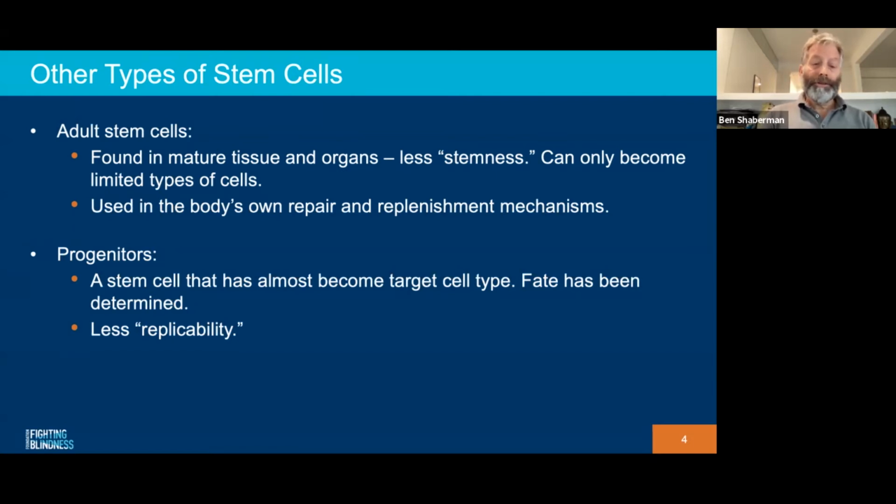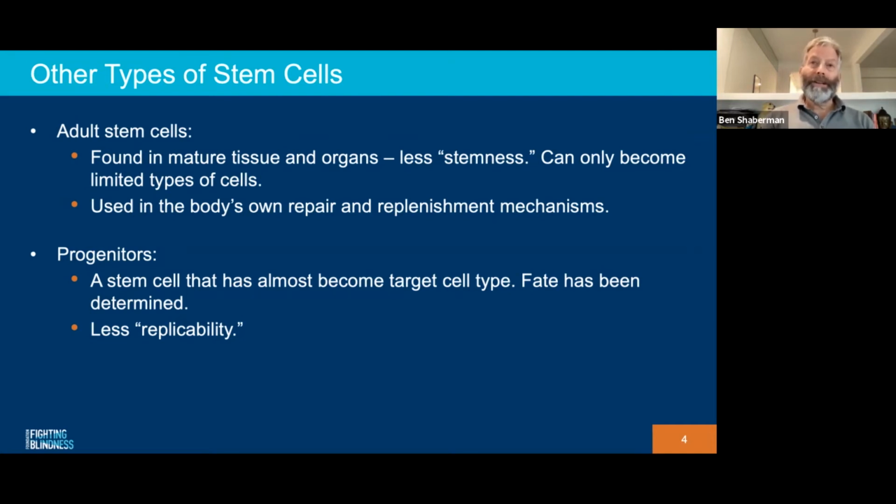There is another cell type that is actually being used in retinal degenerative disease therapy development, and these are called retinal progenitors. And these are stem cells that have almost become the target cell type. So perhaps they've almost become a photoreceptor. And in this case, they're so far down the development path that their fate has been determined. They can't become any other cell type.